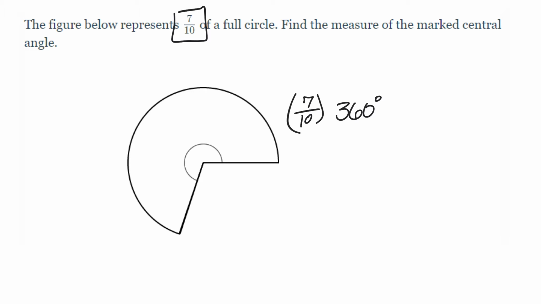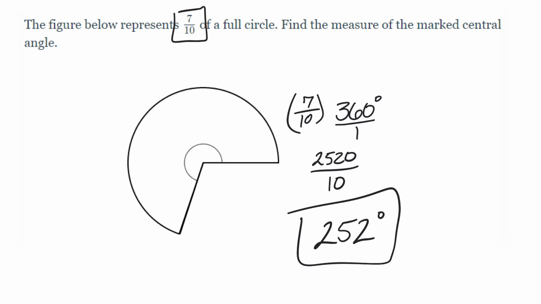So the way we find the degree measurement is we multiply these together. 7 times 360 would be 2520. And then this is over 10. So the degree measurement that we have for 7/10 of a circle is 252 degrees. We have 252 of the 360 degrees.